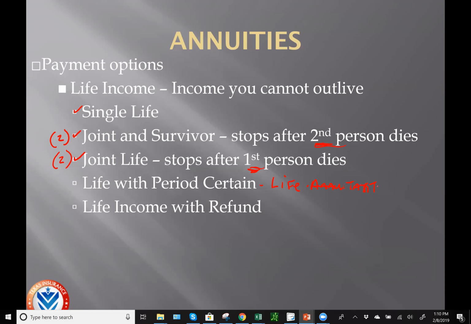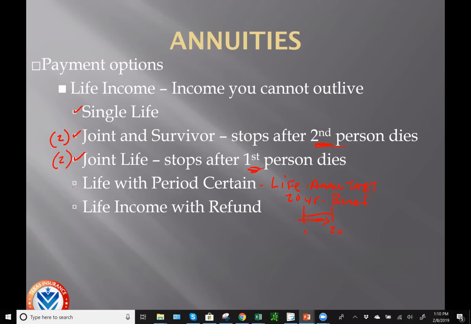They could choose like a 20-year period certain for their beneficiary, so that if they died sometime during the first 20 years of payments, then the beneficiary gets the remainder of the 20 years. If the annuitant lives through the 20 years and then they die, the beneficiary doesn't get anything. They have to die during the period certain for the beneficiary to get anything.